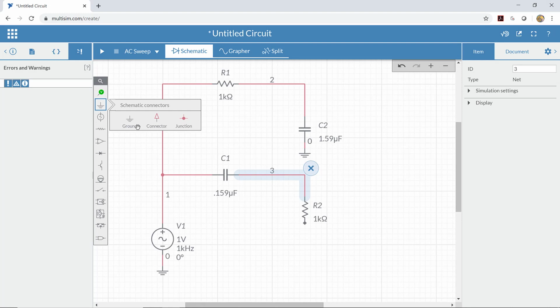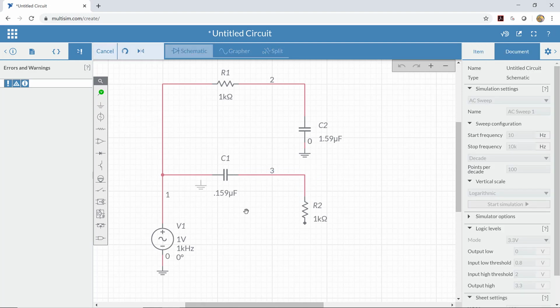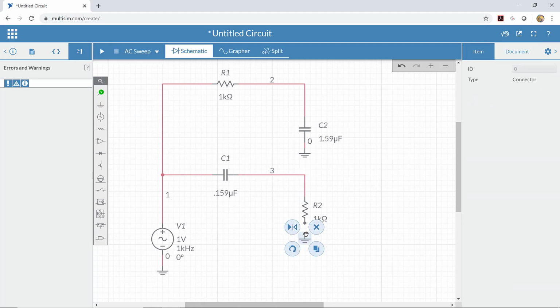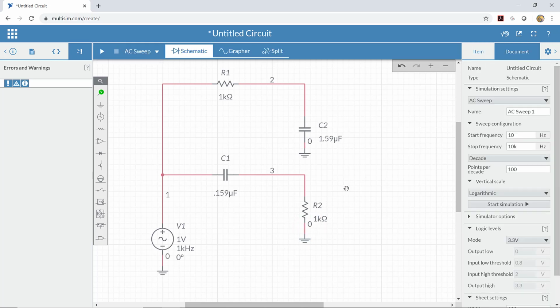I'm going to use this little ground connection here so that things are a little bit cleaner. All right. Now, the basic idea with a band stop filter is that you just connect these two filters together in parallel. But in practice, that causes a little bit of a problem. So let's see what happens if we actually connect them together in just that way.